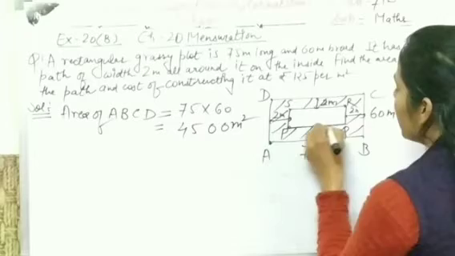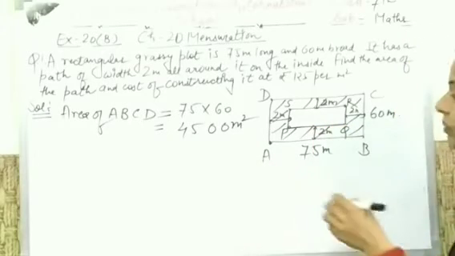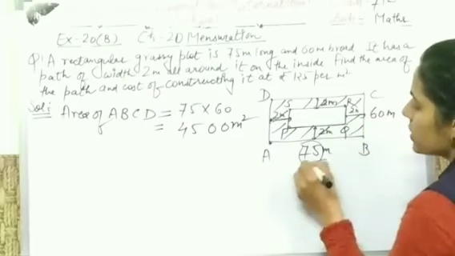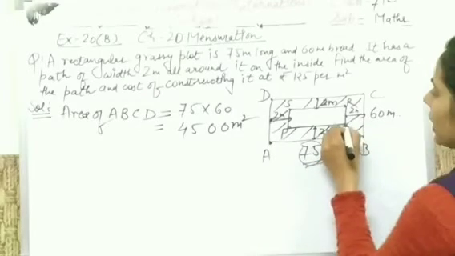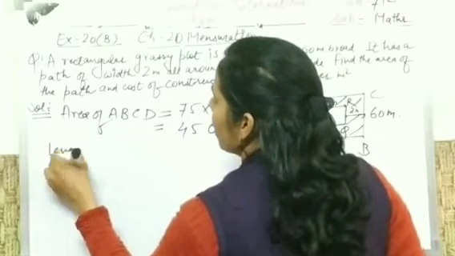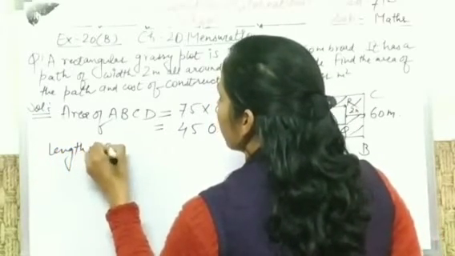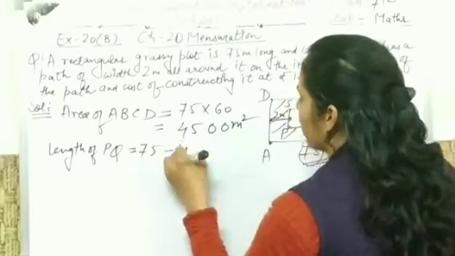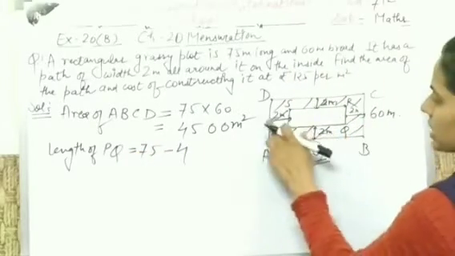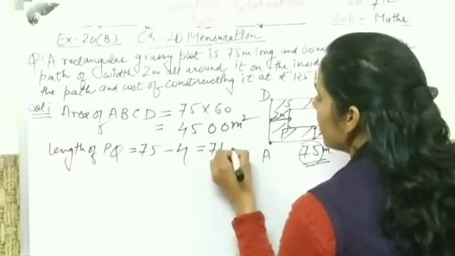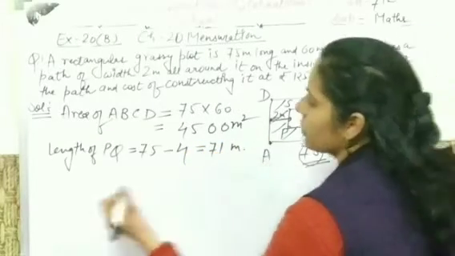So for PQ, when we subtract 2 plus 2 from 75, we'll get the length of the inner rectangle. We can easily find the length of PQ by subtracting 2 plus 2 from this side and this side. So 2 plus 2 is 4, and then we'll get 71 meter.